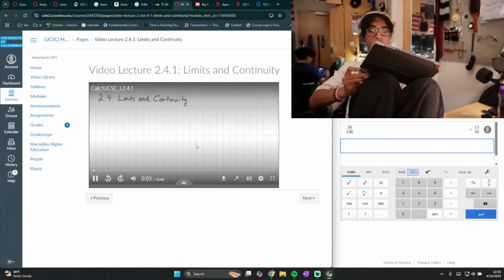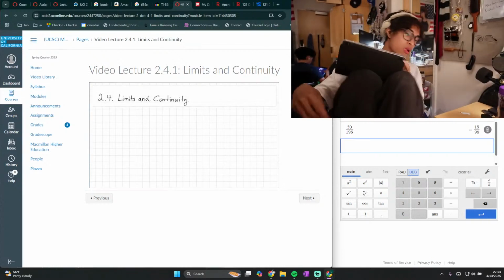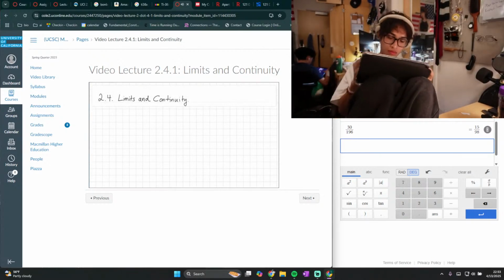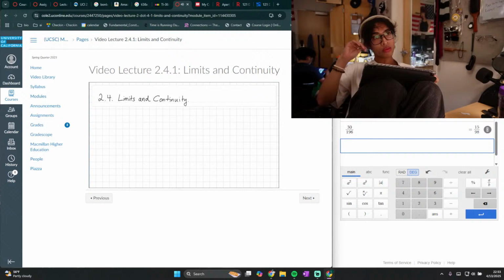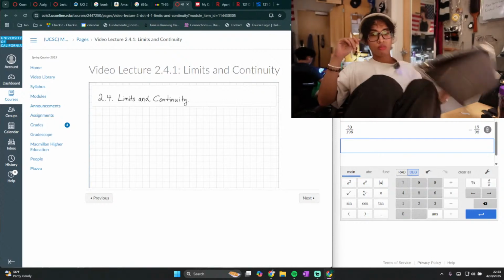Hello and welcome back. In today's lesson, we will discuss the concept of a continuous function. Functions are one of the key mathematical ideas that help us model nature. Most, but not all, natural phenomena are continuous.